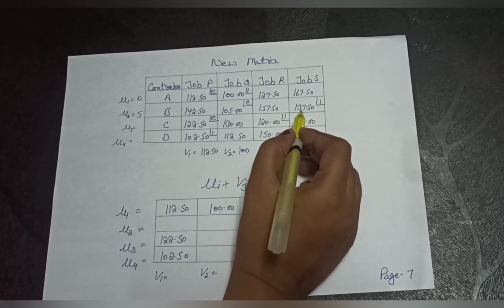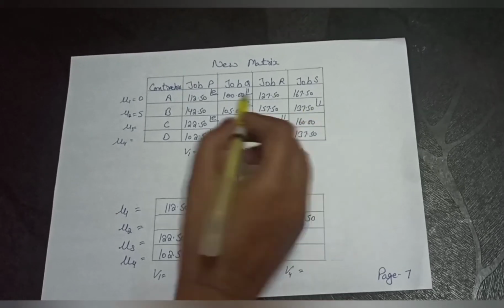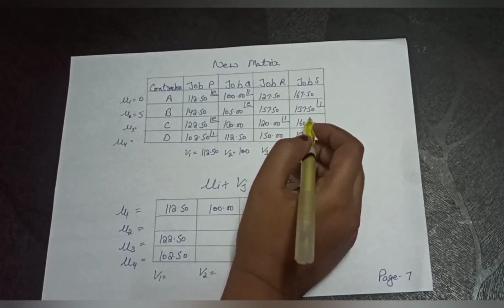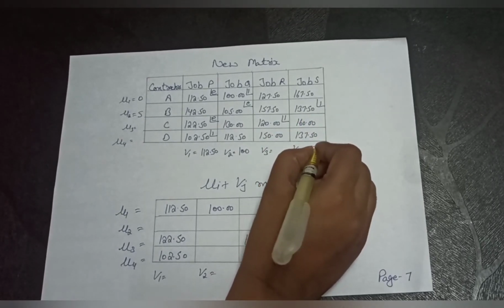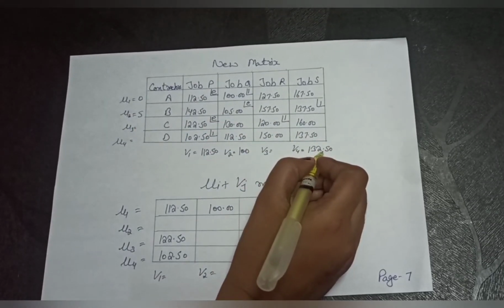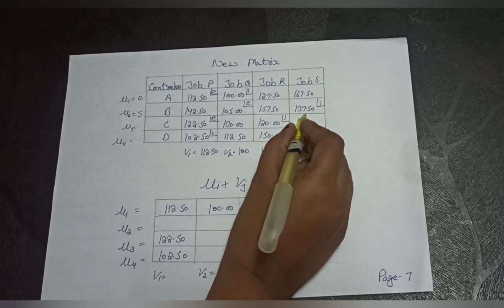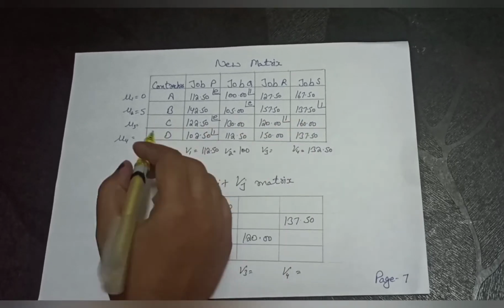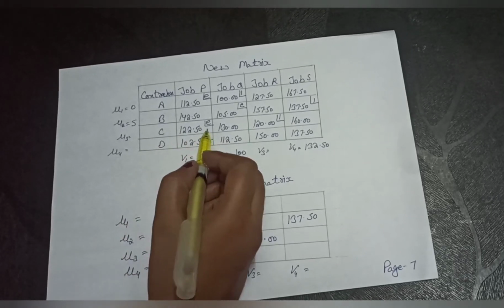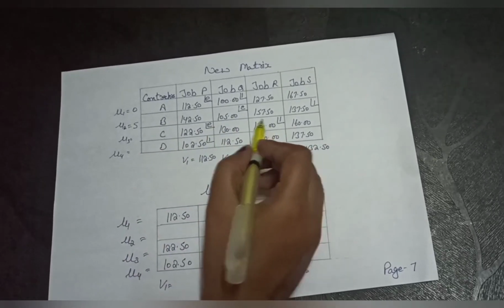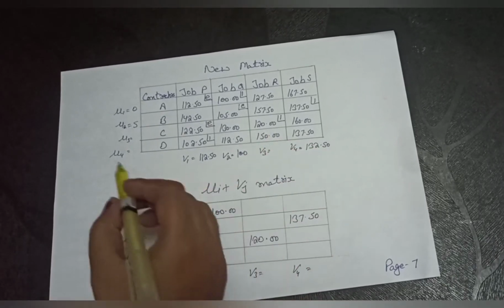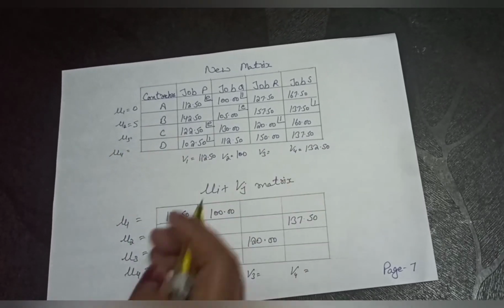This cell has 137.5. u2 plus v4 is equal to this cell, so we can write here 132.50, because 5 plus 132.50 is equal to 137.50. Now we will move to this third row. Here we have 120. u3 plus v3 is equal to 120, but we have no value of u3 and we have no value of v3.